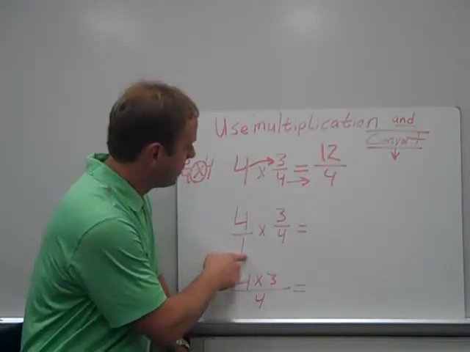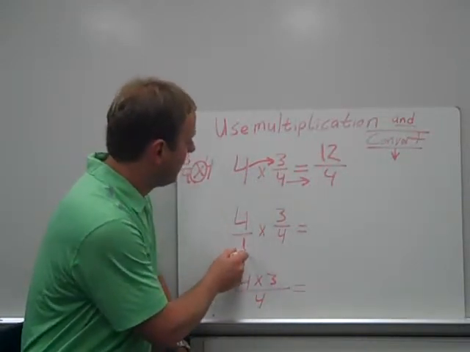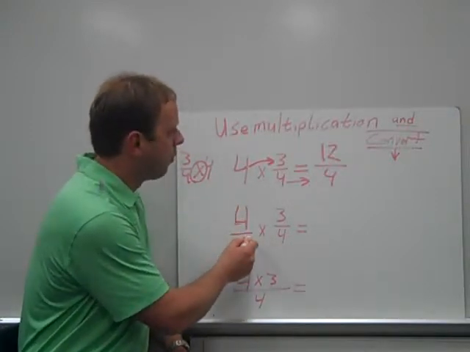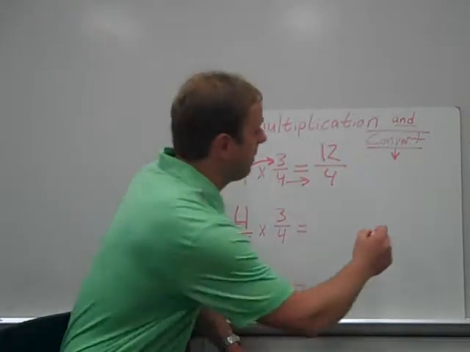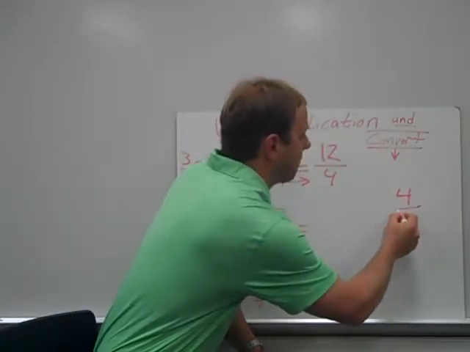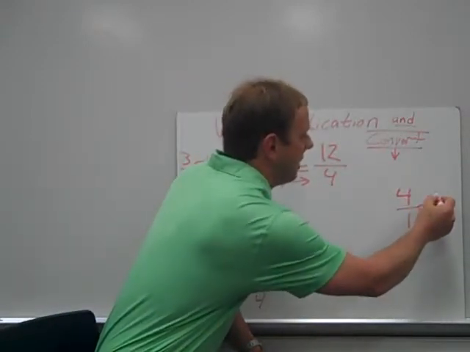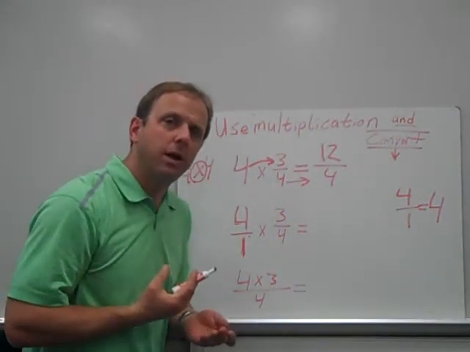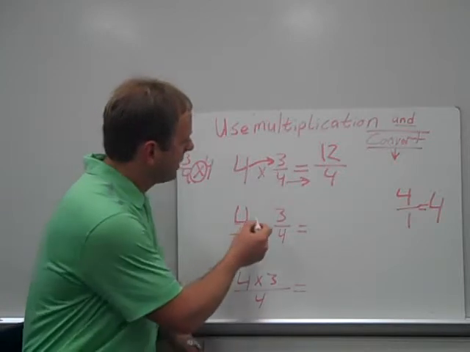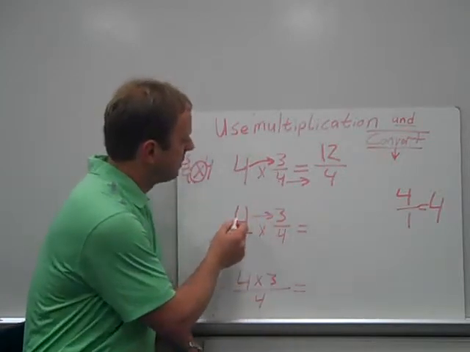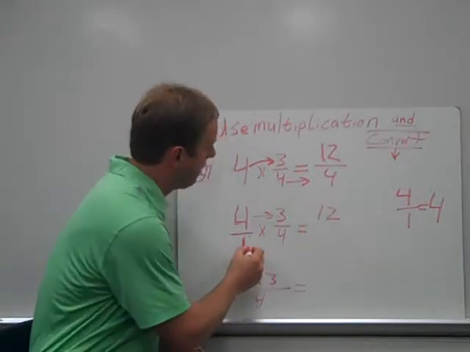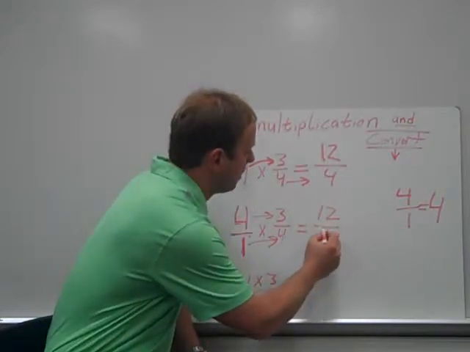Now this prepares you a little more for 5th grade curriculum. If you simply put your 4 over a 1, now when we convert that, that's an improper fraction. 4 over 1 is equivalent to 4. So we can write it either way, it's still 4. And this sets you up because then you start to learn that you simply multiply straight across, and you have 12, and then 1 times 4 is 4.